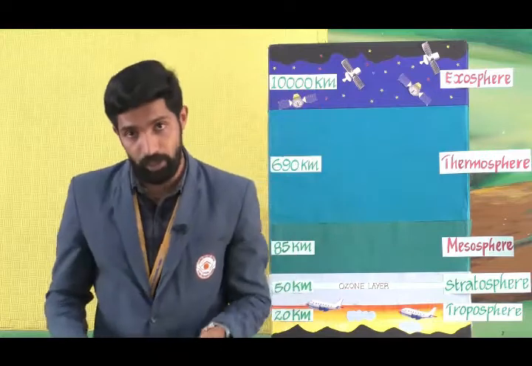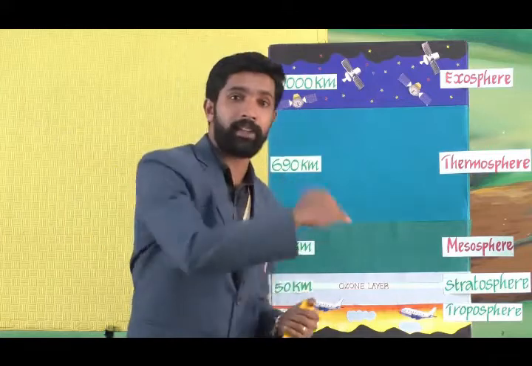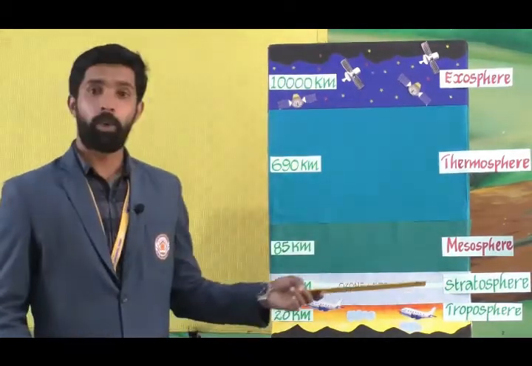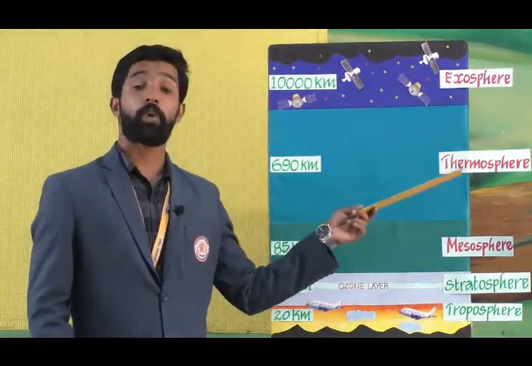When meteors enter the Earth's atmosphere from space and reach this layer, they burn due to friction. And now we are moving to the next layer, that is the thermosphere.